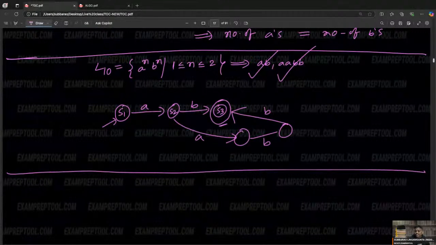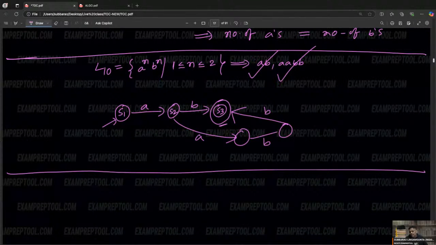Finite automata says that I have a finite number of states, and using those states, I can manage finite things. Even though there is a comparison, say the number of A's equal to the number of B's, I can still do it if it is a finite language, because I have finite states.